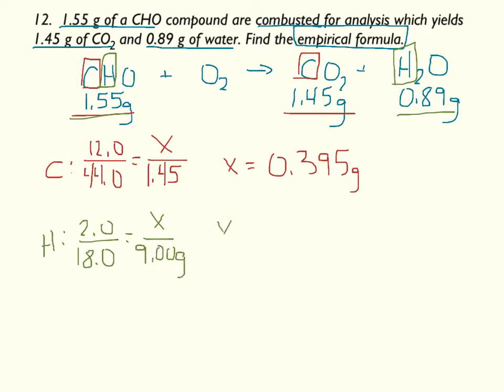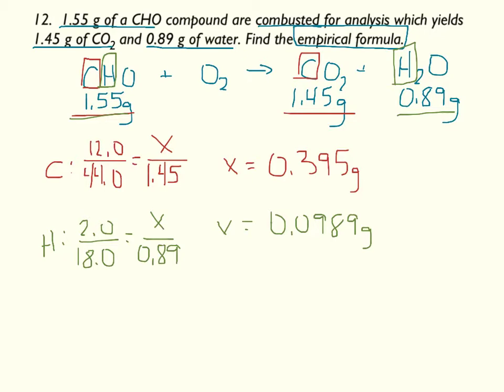Cross multiply and divide, we get x is equal to 0.0989 grams. Let me see, I said 9 grams from the previous problem, but it should have been 0.89 grams. So I get 0.0989 grams of hydrogen.